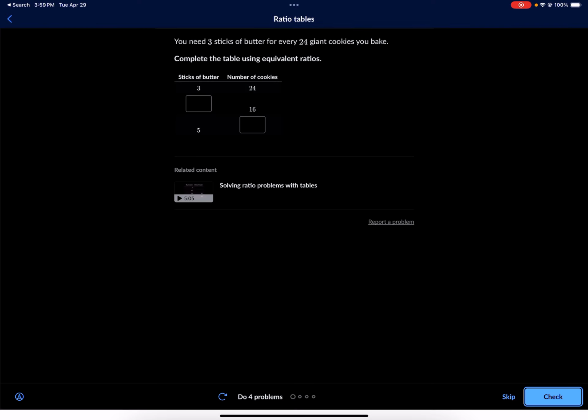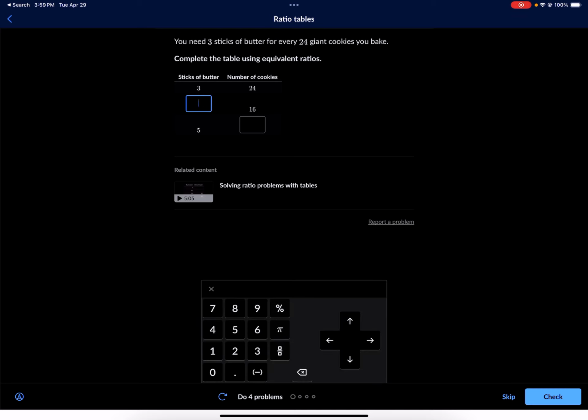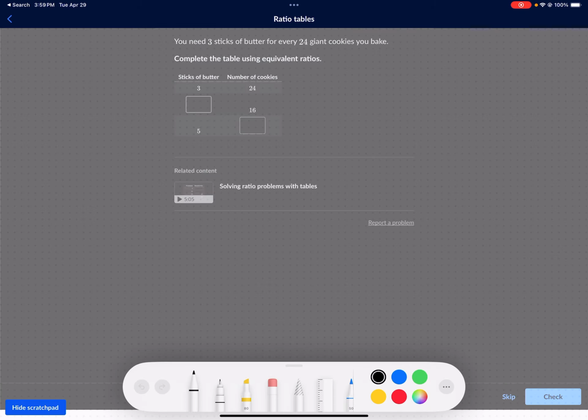You need 3 sticks of butter for every 24. Hey, how about that? That looks similar to something we already did back in the previous lesson. So let's apply it again. So remember, 3 times blank is equal to 24. 3 times 8. So something times 8 is equal to 16. In other words, what's 16 divided by 8? Well, we can draw now, so that's good. So what is 16 divided by 8? 2.